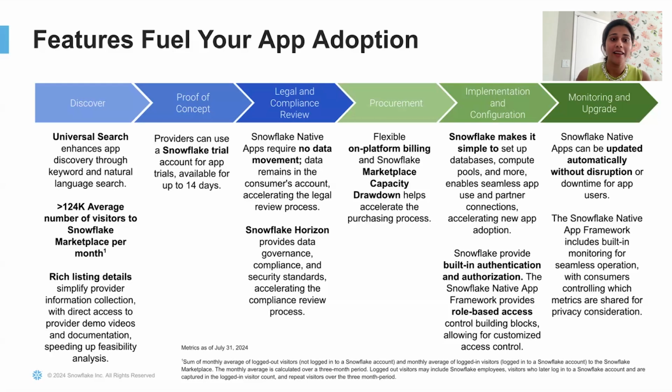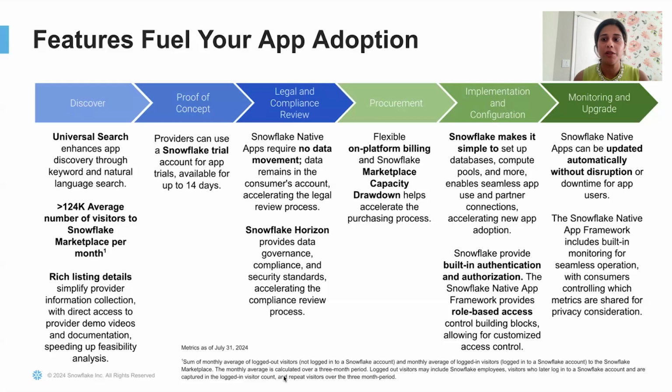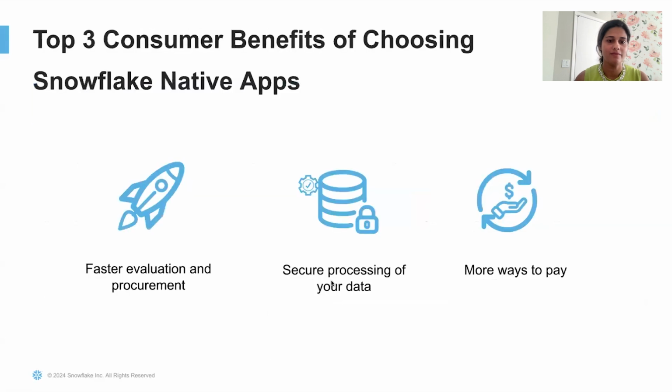But there's another angle that we offer in procurement, which is called marketplace capacity drawdown, which our capacity customers can use in order to ease their whole procurement, costing, and billing processes as well. And then finally, the implementation, configuration, monitoring and upgrade, as I touched upon in my previous slide, is very smooth with Snowflake infrastructure and non-disruptive upgrades in place.